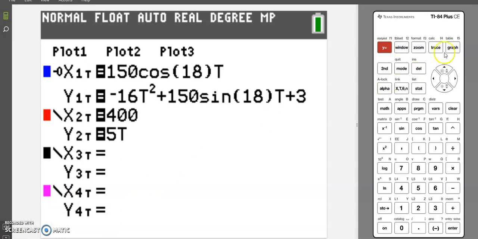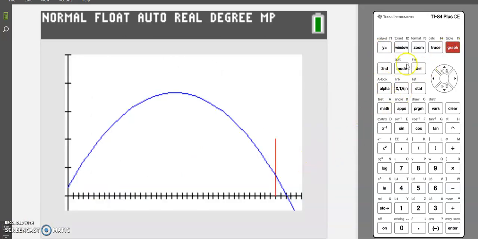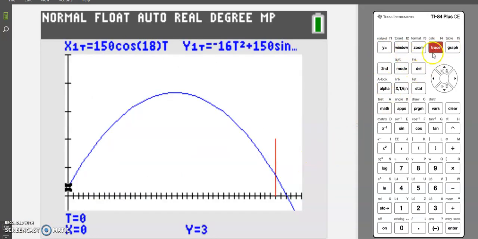One thing, going back to the graph again, if you hit trace, you can see the path of the ball. You can tell where the ball is at any time t. If I say t is 1 second, we can see the ball is 142 feet from home plate, and it's 33 feet high. If we go to 2 seconds, here's your coordinates as to where it is. We were saying that it hit the fence at 2.8 seconds.